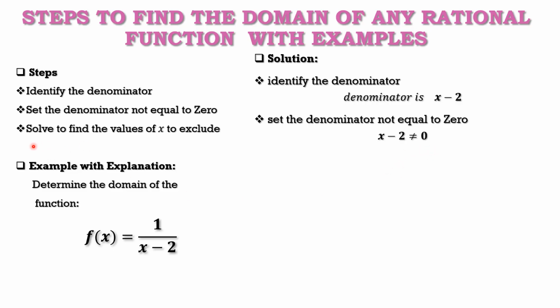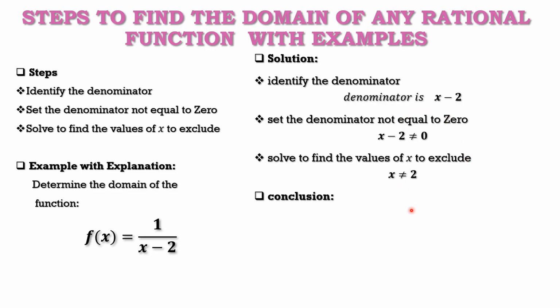The final step is to solve to find the values of x to exclude from this particular function. So now we are going to solve for the values of x to be excluded. When minus 2 crosses the equal sign, it will be x equal to 2.